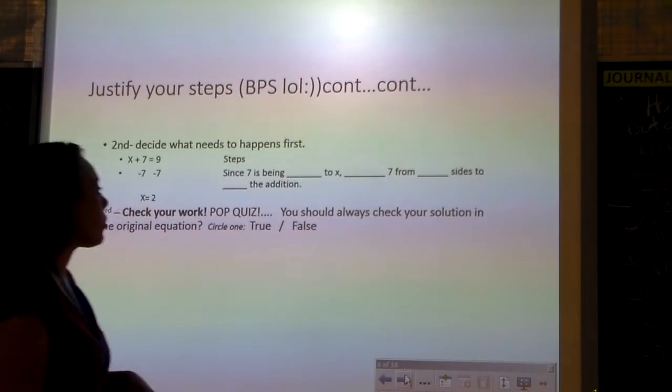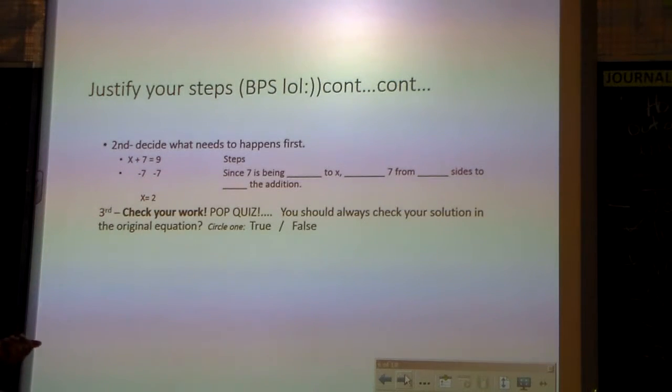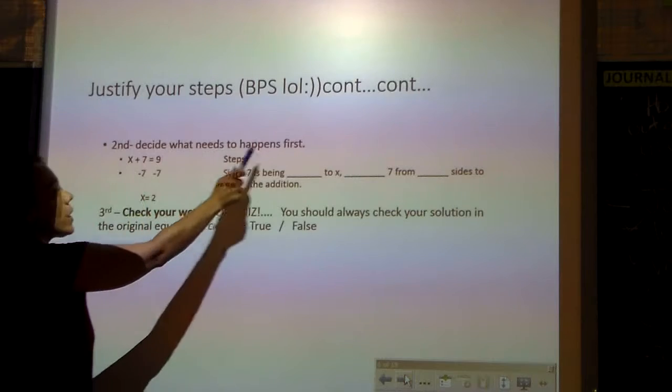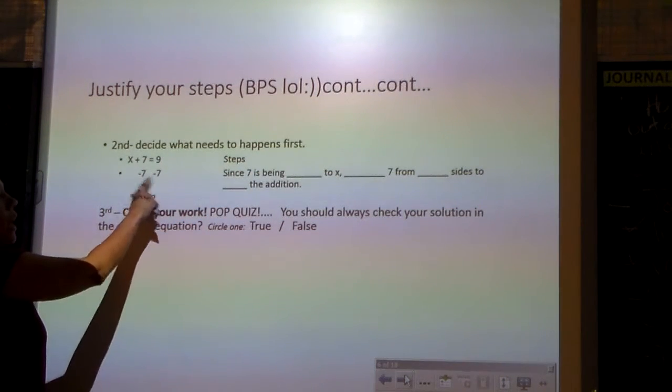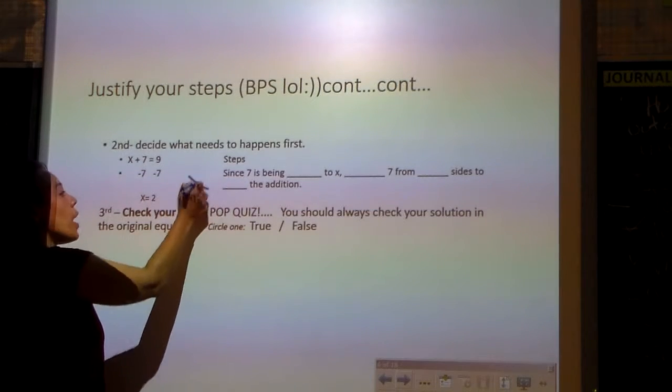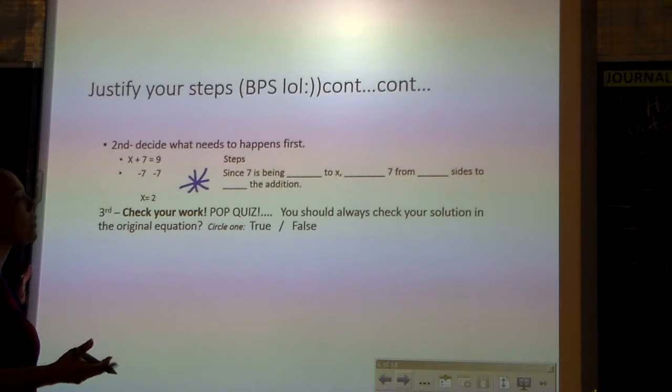So here, when I go to my next one, I see here what I just modeled in the previous screen. Decide what needs to happen first. Well, I had to subtract 7. But here's the proper way to state that and the way you'll see in your paperwork.